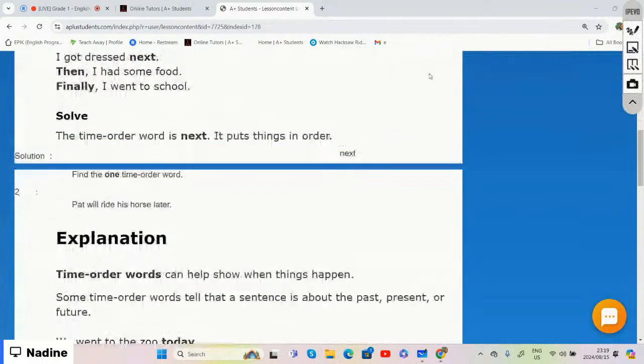All right. Let's look at the next one. Pat will ride his horse later. We need to choose our time order word. If we were to select our one time order word, it is later. Pat will ride his horse later.